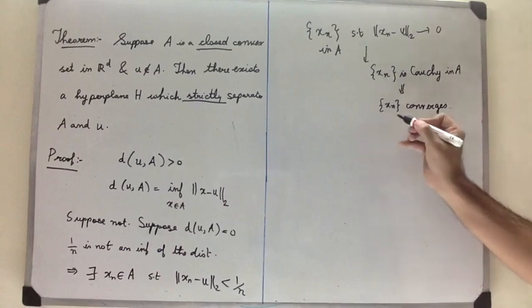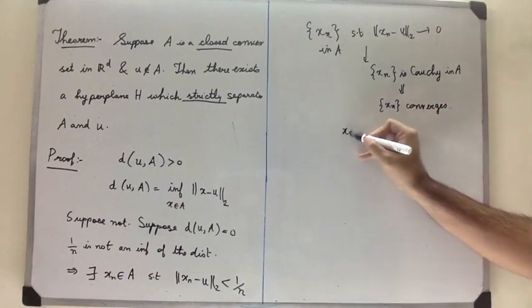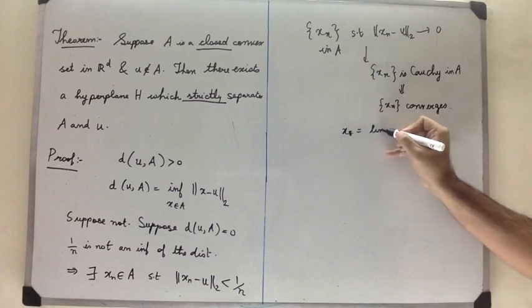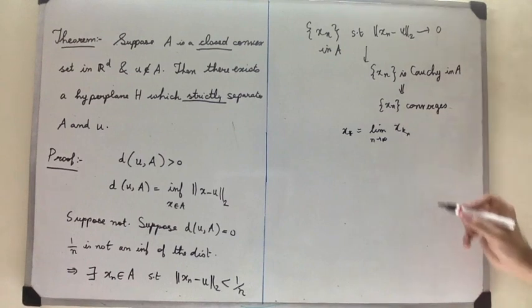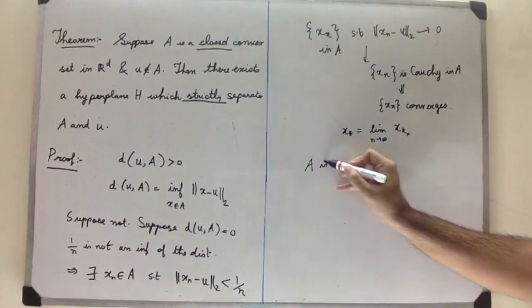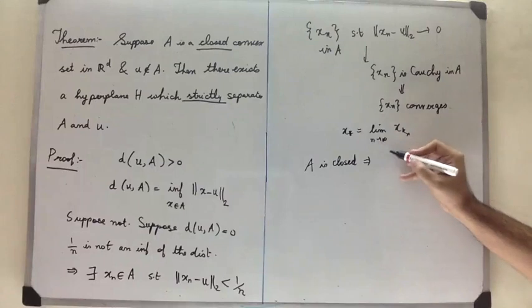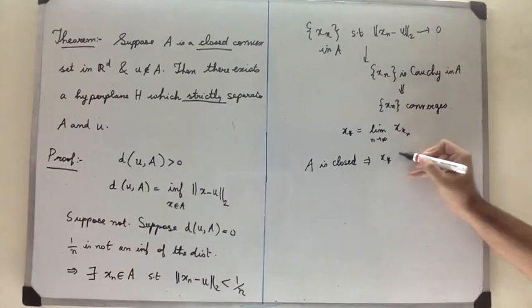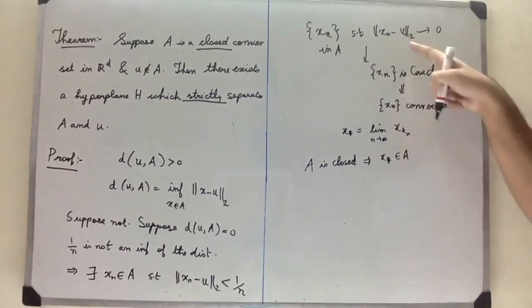So what matters is that you have a point x star, which is the limit as n tends to infinity of x_k, some subsequence. But this set A is closed, which implies x star is an element of A, but the limit of the distance between x star and u is 0.